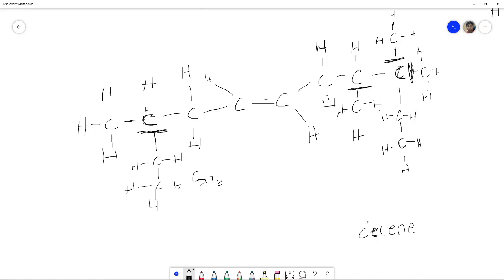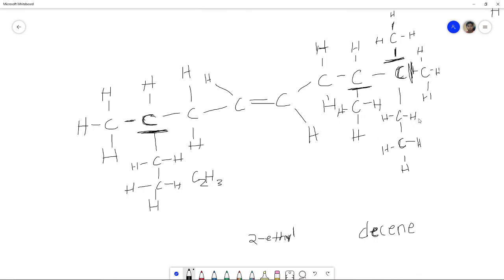So we have 3 methyl groups and 1 ethyl group, and E comes before M. So we're going to start off with the ethyl group. The ethyl group is at the second carbon, so we're going to have 2-ethyl. And that's pretty simple.